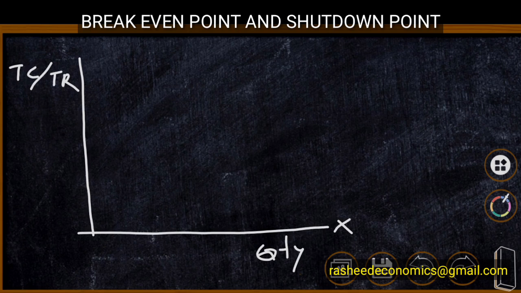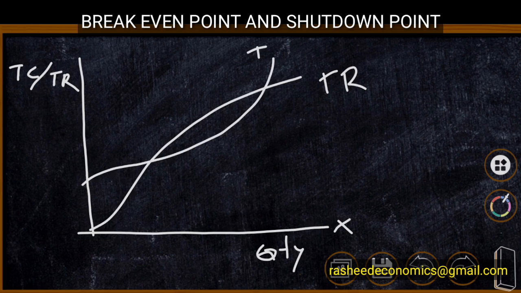In order to explain the break even point, we can depend on the total revenue and total cost curve. To draw the total revenue and total cost curve, we have an x-axis and y-axis. On the x-axis we have represented quantity, and on the y-axis we have represented total revenue and total cost. We have a total revenue curve like this and a total cost curve like this.